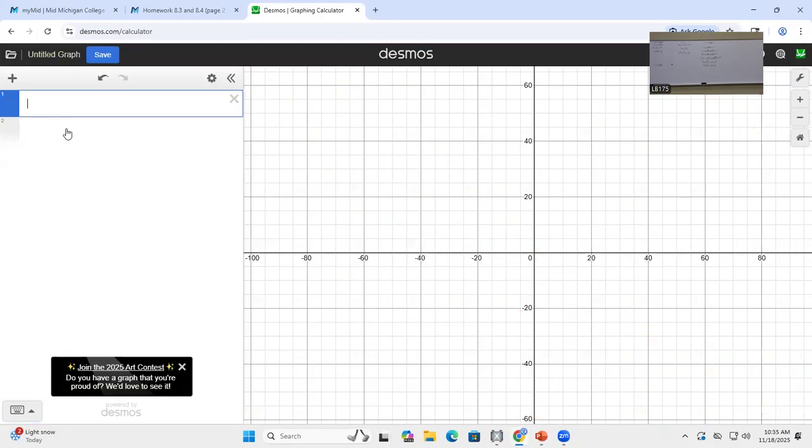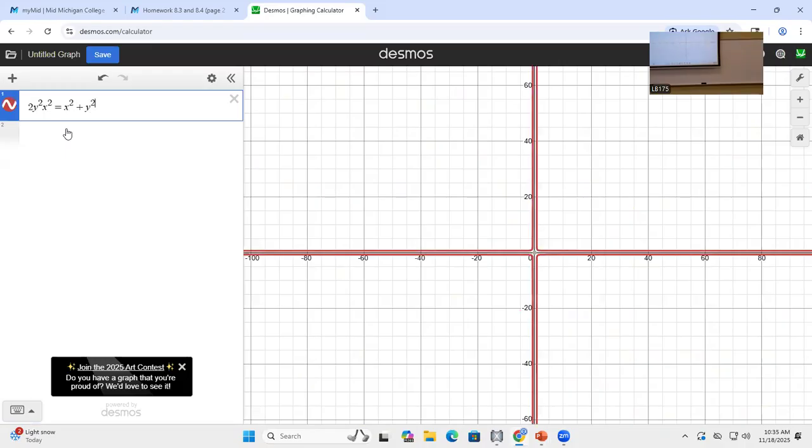I'll graph it in rectangular here. 2y squared times x squared is equal to x squared plus y squared.